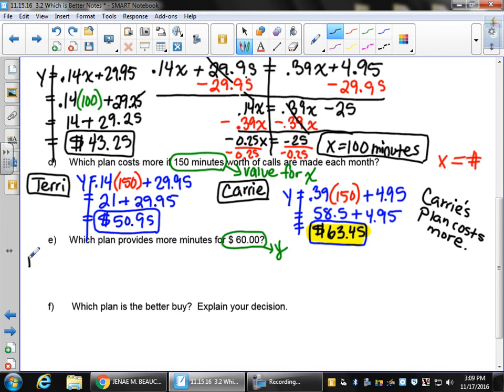Well, let's write Terry in a box. Same equation, but instead of having something for X, we have something for Y, which will look like 200 equals 0.14x plus 29.95, and we need to solve for X. To do that, we need to subtract 29.95 from both sides.